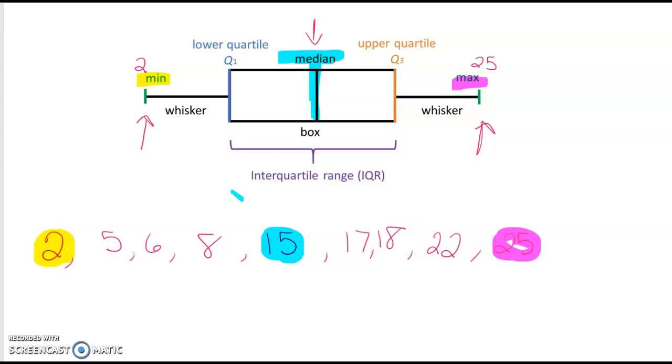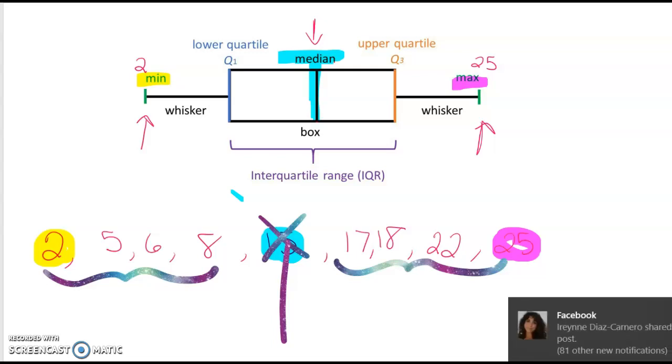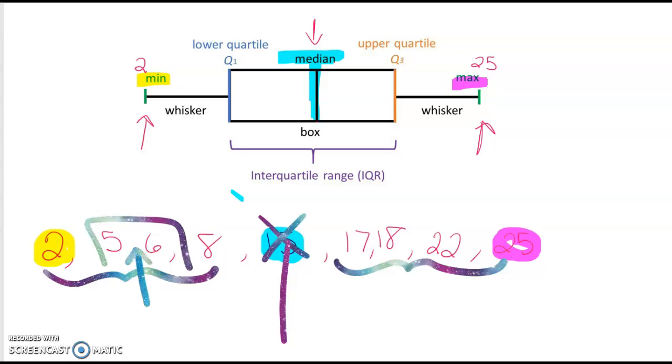Now that I've identified my median, minimum, and maximum, what I'm basically going to do is cross this out and cut this in half. I'm going to look at these 4 as a data set, okay? What is the median of this?